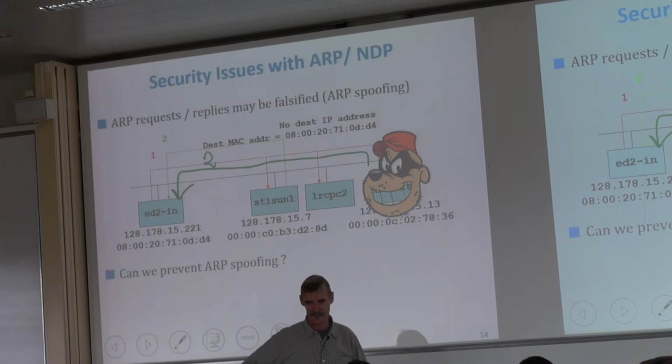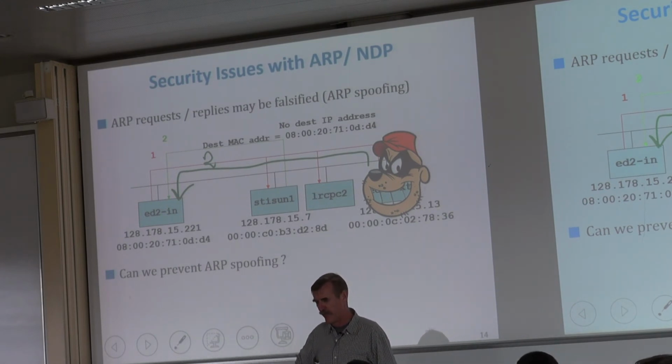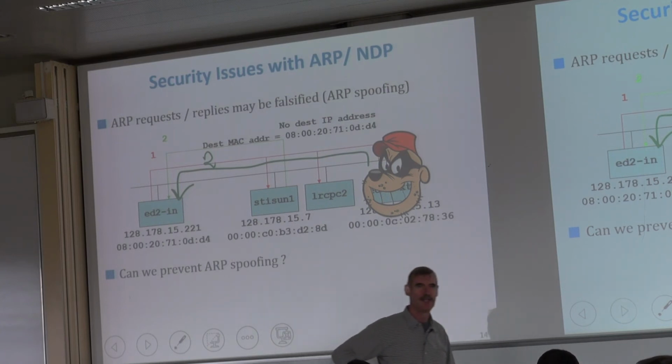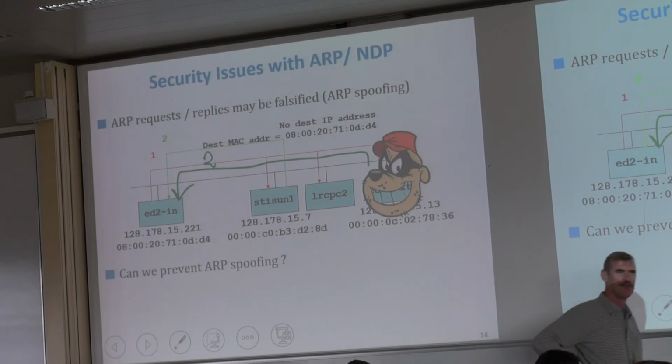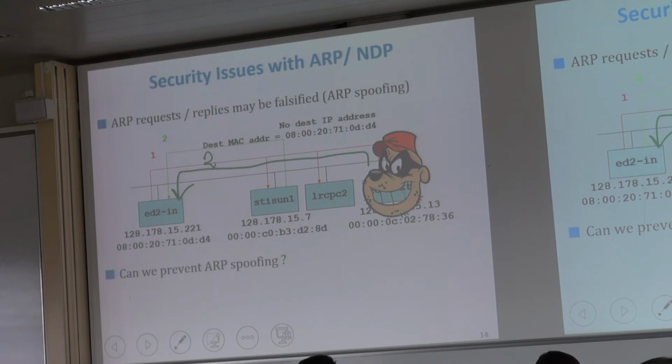Then, with some probability, you will be able to be faster than STI-SUN1 and respond before it. Yes? If we manage to get the traffic from a free impersonate machine, and we manage to get traffic from somewhere else, what happens to the original user? What does he get? Nothing.